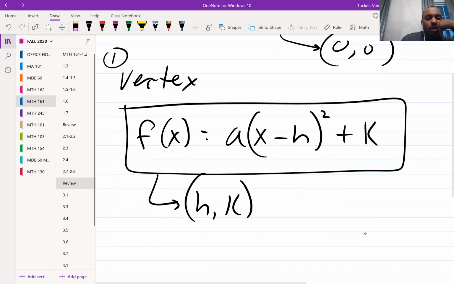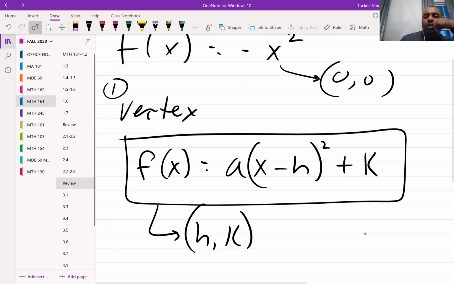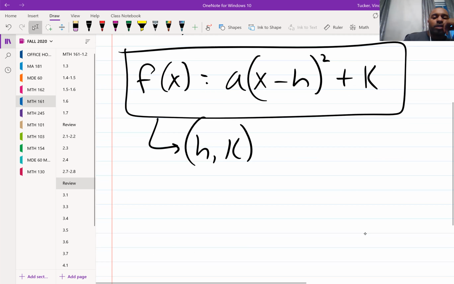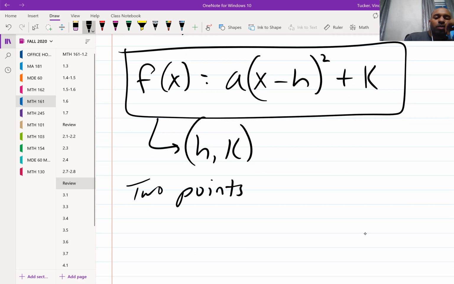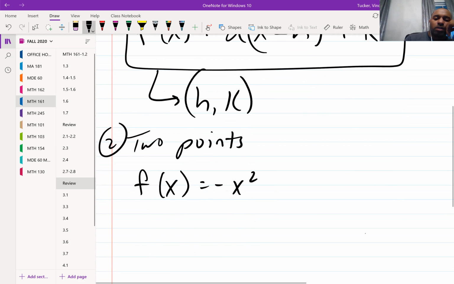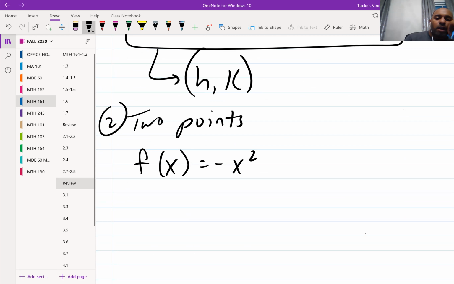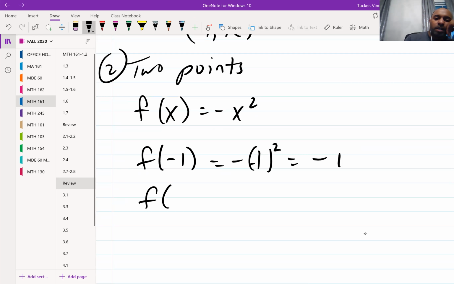Now we'll get to the next one. From there, I need 2 more points. That's what it asked for. And so all I did was plug in -1, and that ended up being -1. And I plugged in +1, and that ended up being -1.